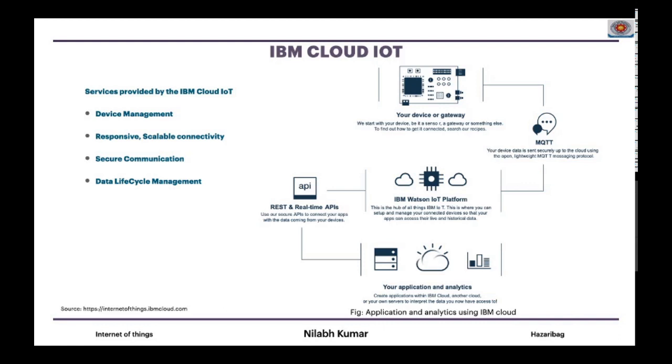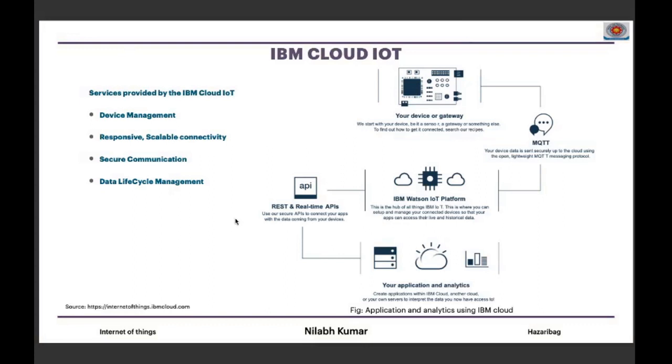Here you can see in the figure that we have our device, and it is sending data to the cloud, the IBM Watson IoT platform. It is sending and receiving data from the cloud in the form of MQTT, and we have studied how MQTT is used to transfer data from the sensor to the cloud or to the server using an MQTT broker.